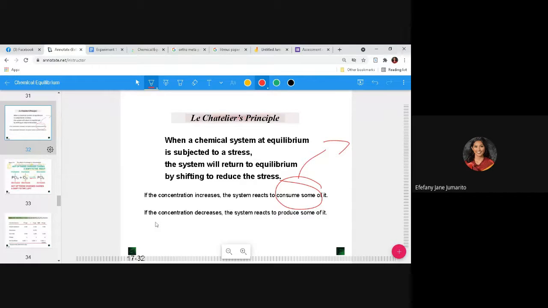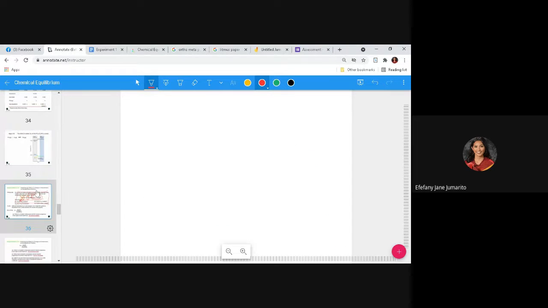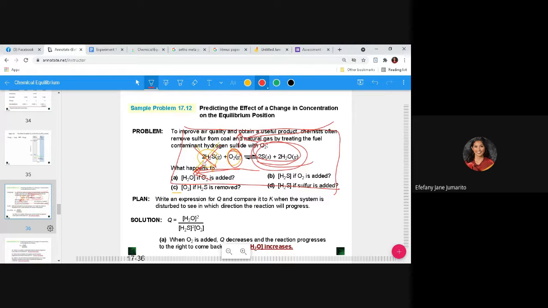Now, if the concentration decreases, the system will react to produce some of it. Okay, since nawala imong H2S, the system will produce some of it. So it will go to a direction kung asang imong H2S. So it will produce H2S. So here, it will go to the left because ang H2S ang nawala.